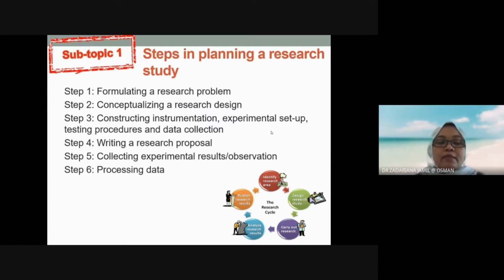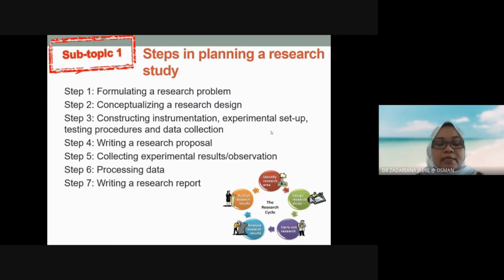When you have the set of data, you need to process the data and also analyze the data. And then finally, from the data and the analysis of the data, you need to report all the outcomes or the findings that you get from your research.